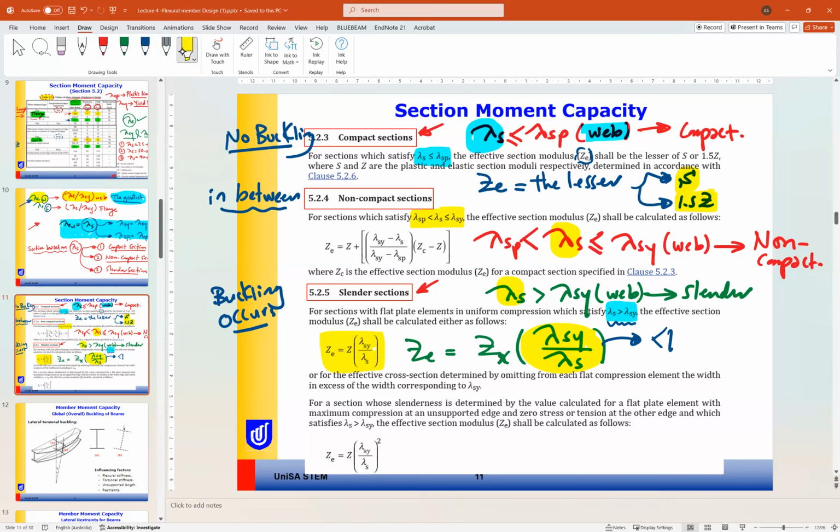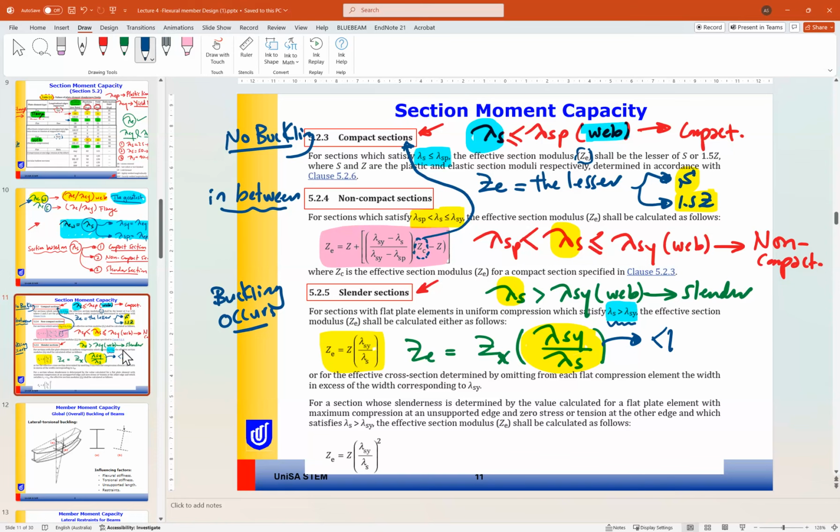So for a non-compact section, Z effective equals Z plus lambda sy minus lambda s, divided by lambda sy minus lambda sp, multiplied by Zc minus Z. What does Zc mean?